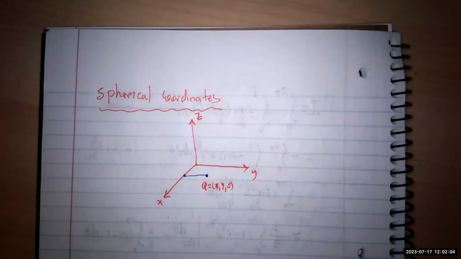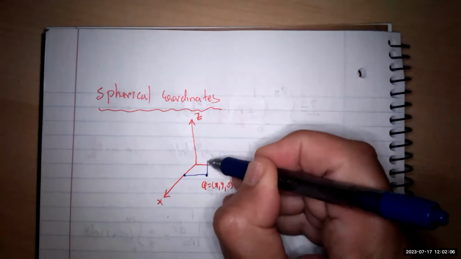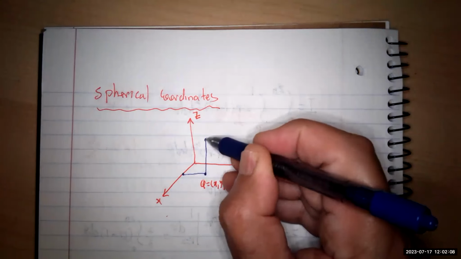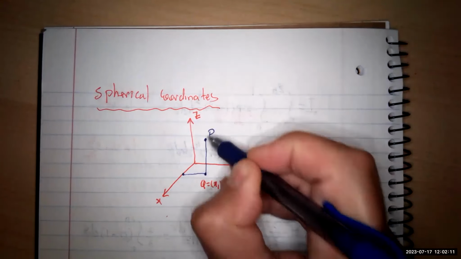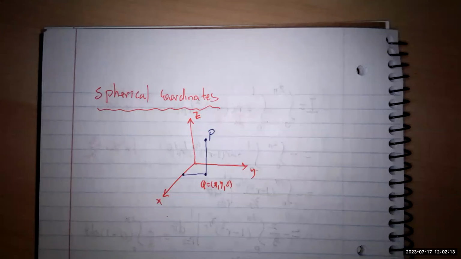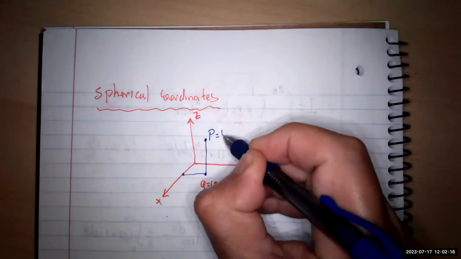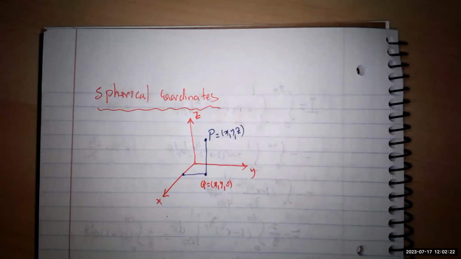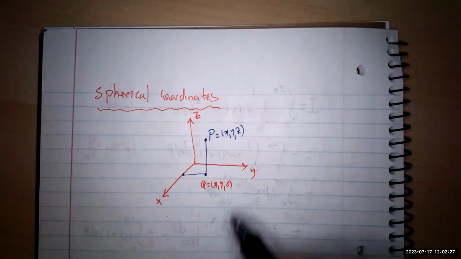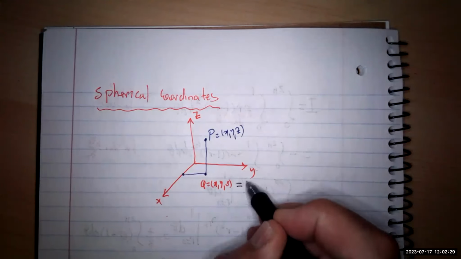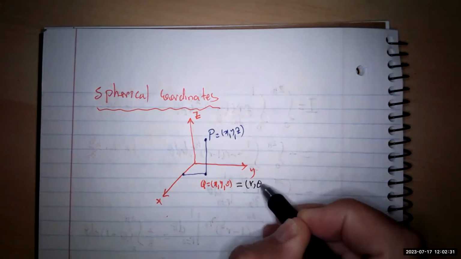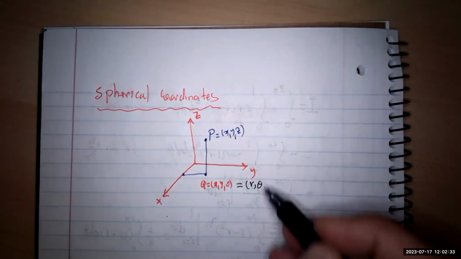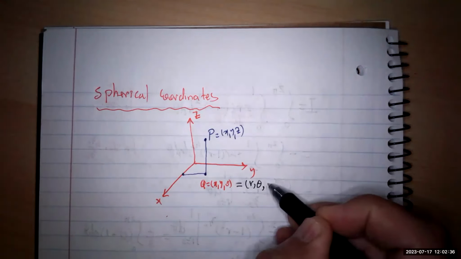Then we move this one up, and that gives us the point P. So the point P is x, y, z. In the polar coordinate, what we did, we switched the x and the y to r and theta, because this interpretation is crucial for the next part.